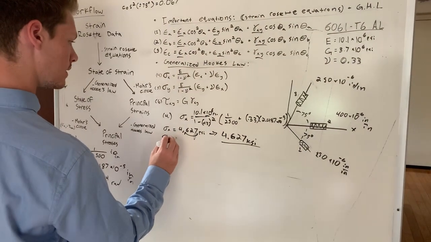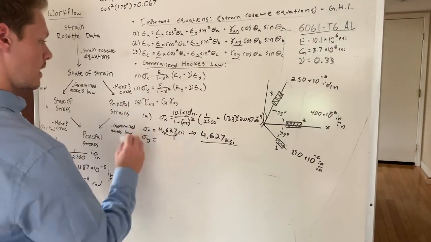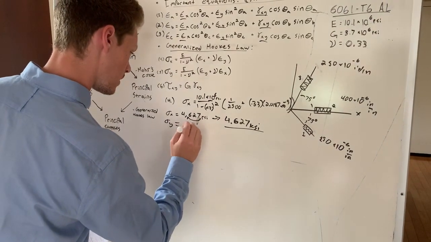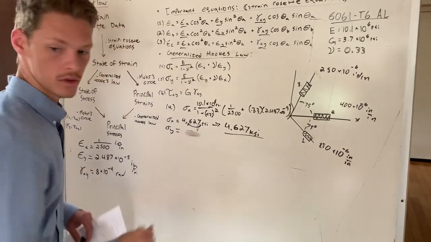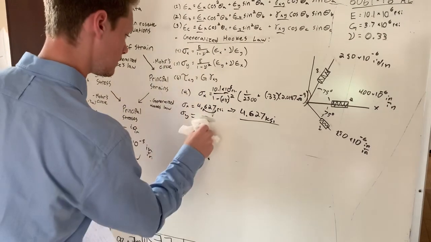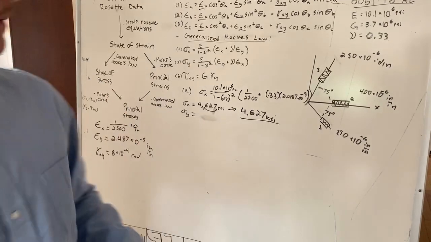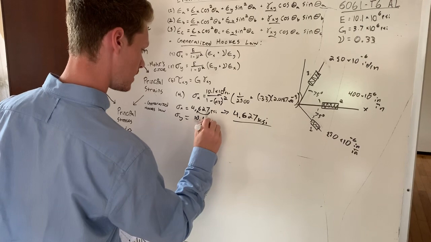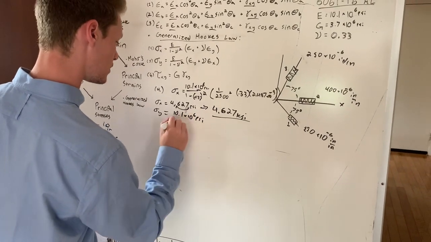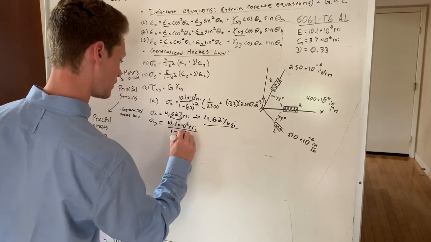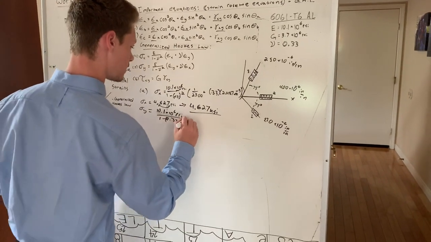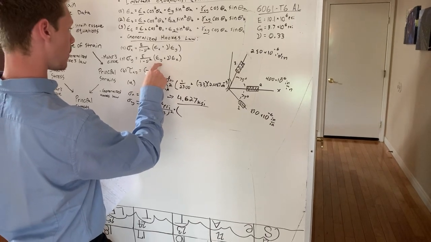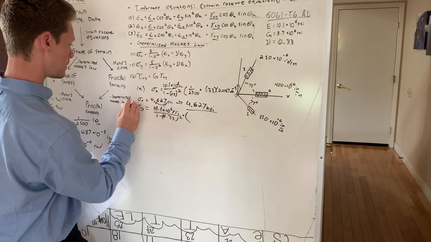Sigma y will be equal to, this first part's going to stay the same, so 10.1 times 10 to the 6 pounds per square inch divided by 1 minus 0.33 squared times, now this is going to be epsilon y, since we're using equation number 5 here.